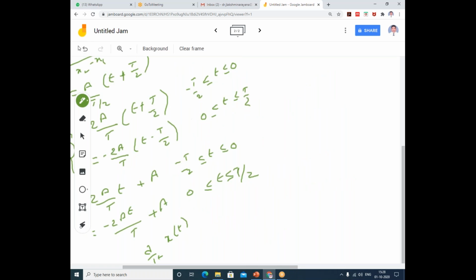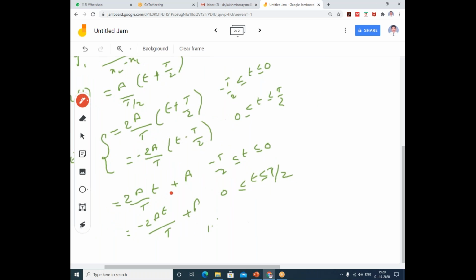Please try to understand. I'm using some other color for your understanding purpose. Now when you differentiate it, what will happen? If you differentiate this equation, then I can write this term as d by dt of x of t, which I need to find.